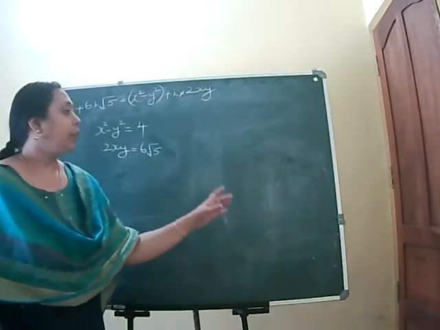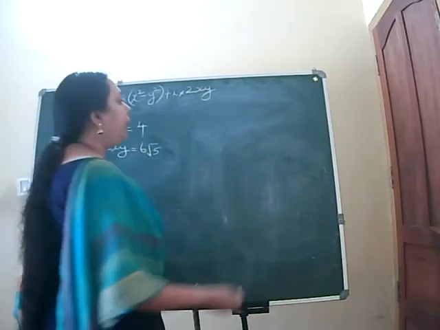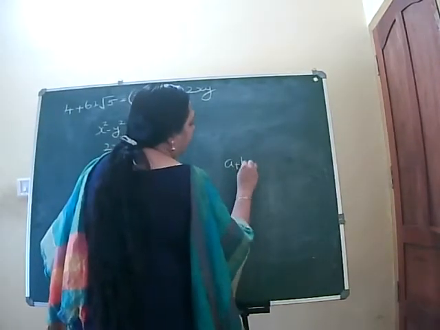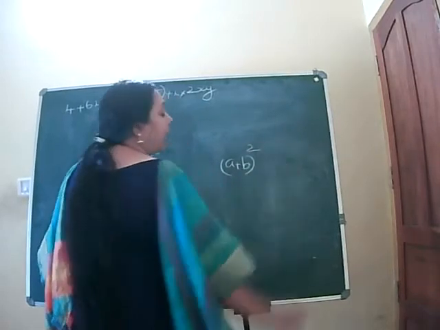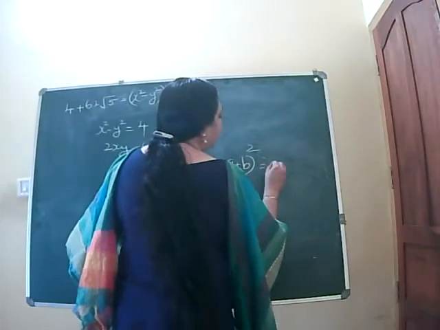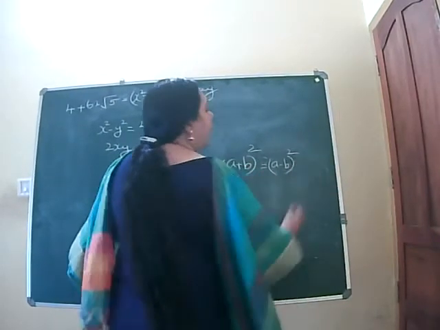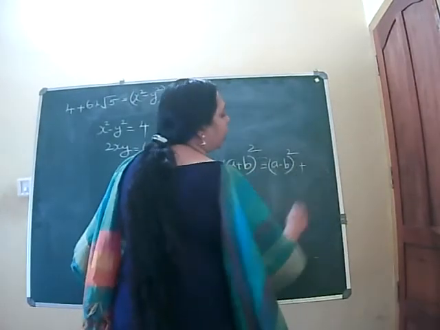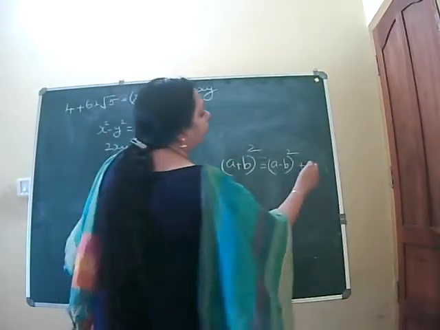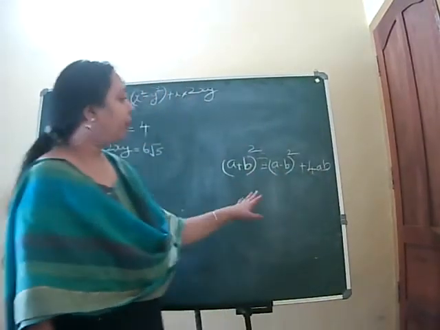Okay, now we know the identity, that is a plus b whole square is equal to a minus b whole square plus 4ab.